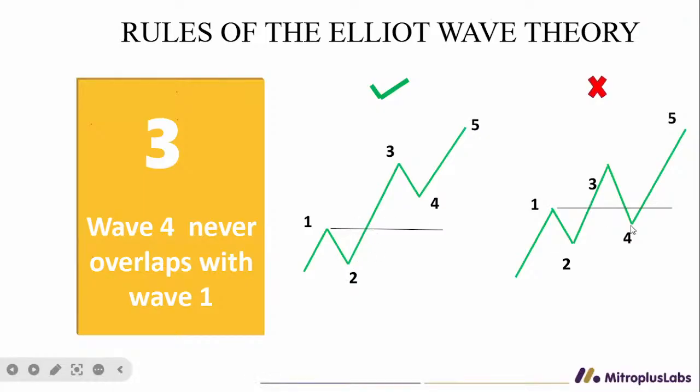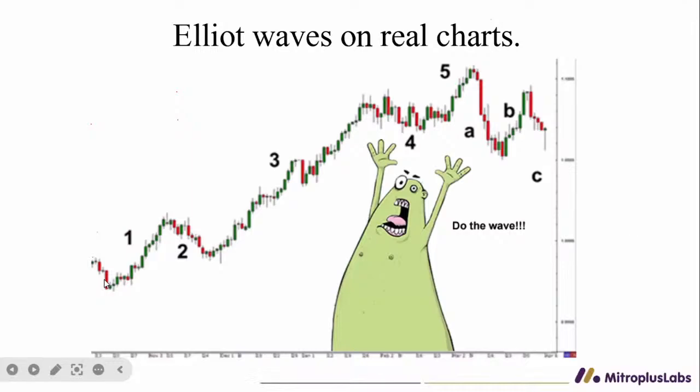So I hope you can pass a rough look shortly, and ideally this is how the chart really usually looks. So we're seeing our wave one, which is an impulsive wave.